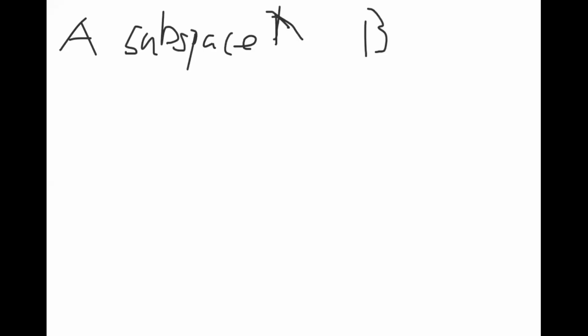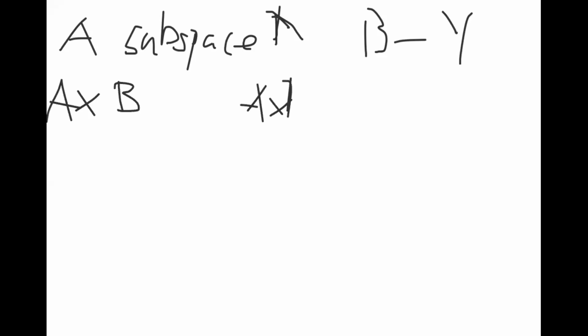A is a subspace of X and B is a subspace of Y. Then A times B as a product is the same as A times B as a subspace of X times Y. Do you have any idea how to prove this?